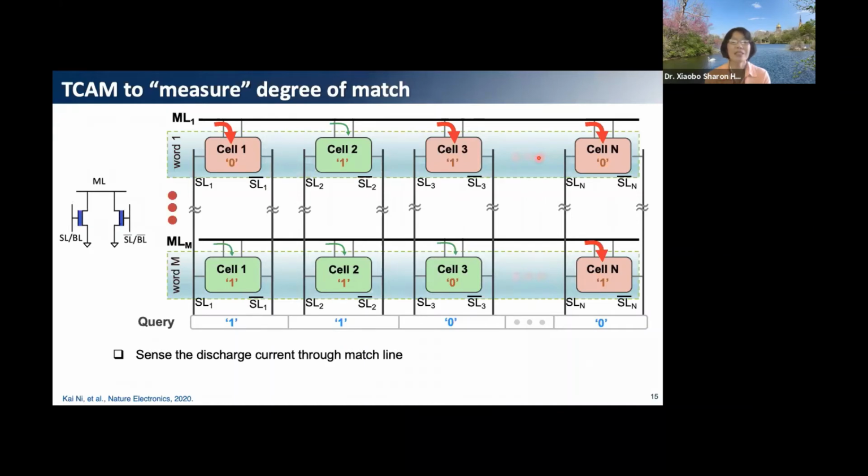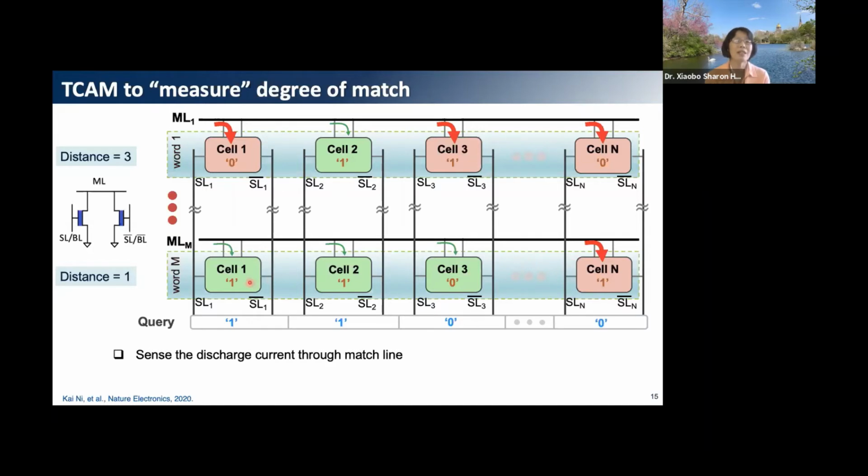Okay, so with that, if we sample the match lines at a particular time, then the match line for word M will have higher voltage than the match line of the first word, right? So in this way, by looking at the voltage levels of the match line, we can actually detect the degree, or we call it the distance, of matching.